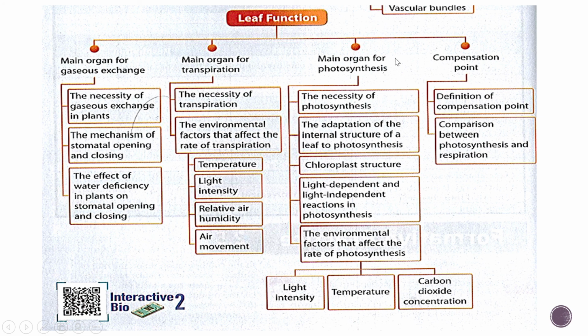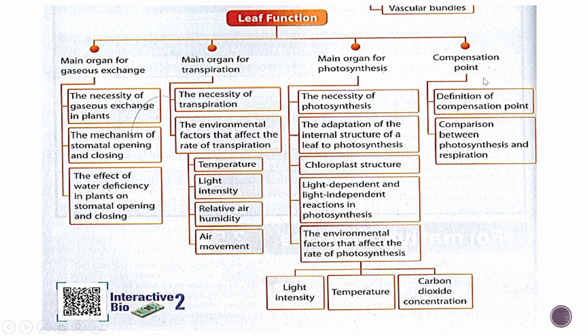Okay, the main organ of photosynthesis, the necessity. That means the significance of photosynthesis. After that, the adaptation of the internal structure of a leaf. Okay, then we looked into the chloroplast structure. We looked into photosynthesis with the 2 stages or the 2 reactions, and also the environmental factors, 3 of them, that affect the rate of photosynthesis.